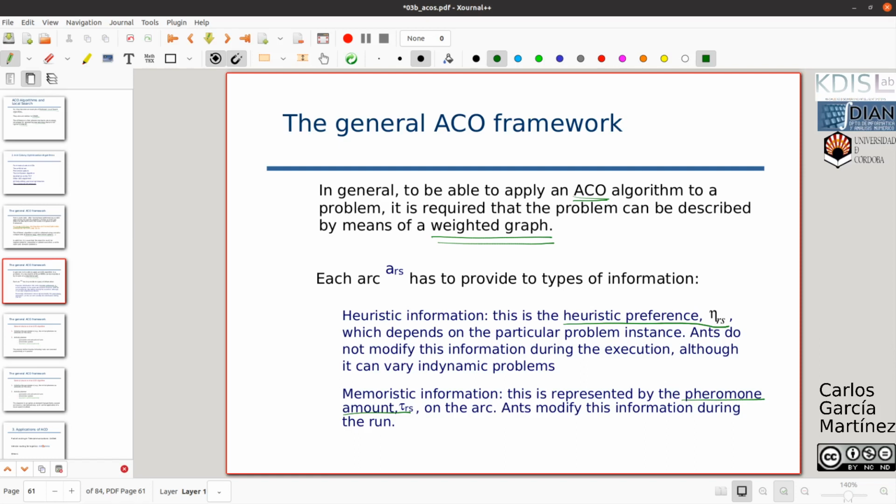So this way, the idea is that every ant colony optimization algorithm should be able to use heuristic information and memoristic information, and you are doing that if you represent your problem as a weighted graph.